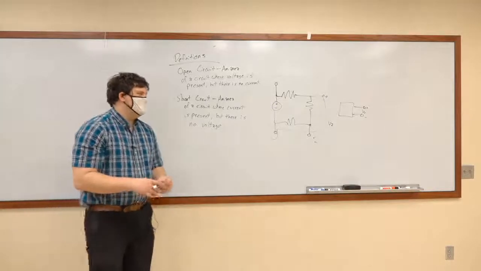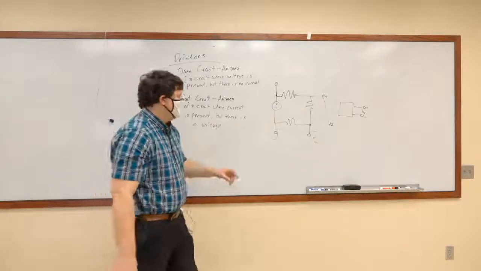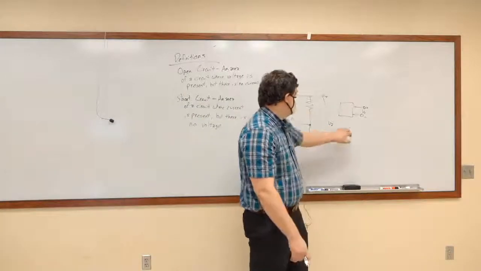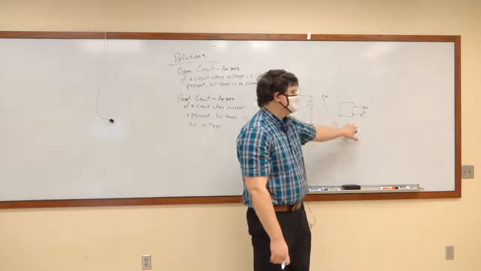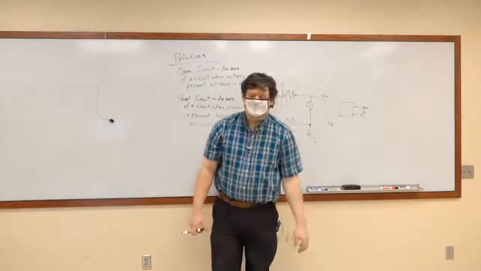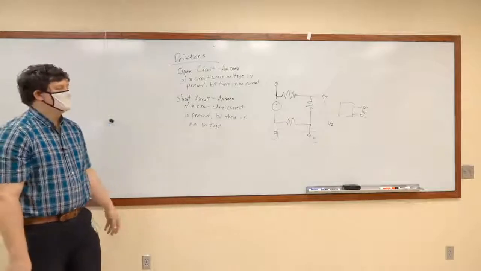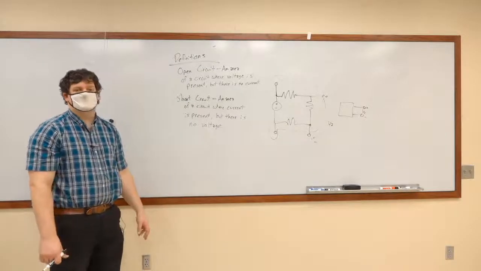If I know what those two are, and I can get the voltage to be the same between these two circuits, and I can get the current to be the same between these two circuits, then I have an equivalent circuit. And that is the Thevenin equivalent circuit.